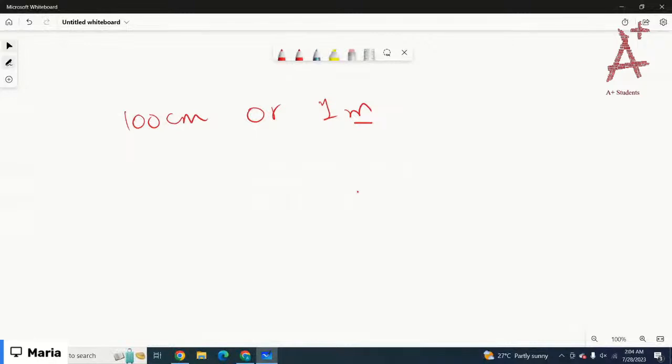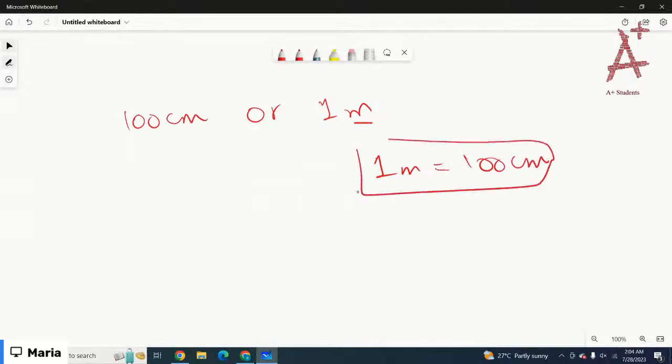That means in 1 meter you have 100 centimeters. You can note them down and remember them. So now you are going to convert them to the same unit. 1 meter equals 100 centimeters. So they are exactly equal. That means 100 centimeter and 1 meter are exactly equal, right?